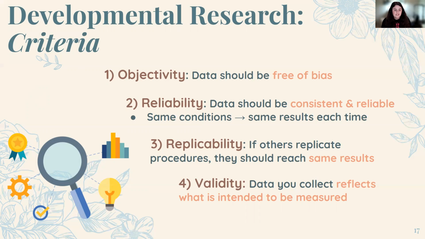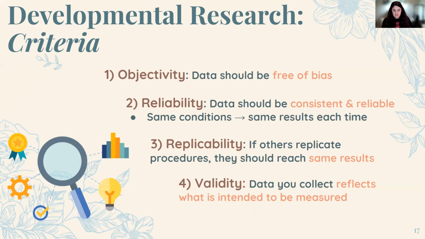And fourth, validity. The data you collect reflects what is actually intended to be measured. For example, if you're trying to measure IQ in a study, that's what your research question is based on, and you're doing so by measuring people's height, that's probably not going to be valid research, right?